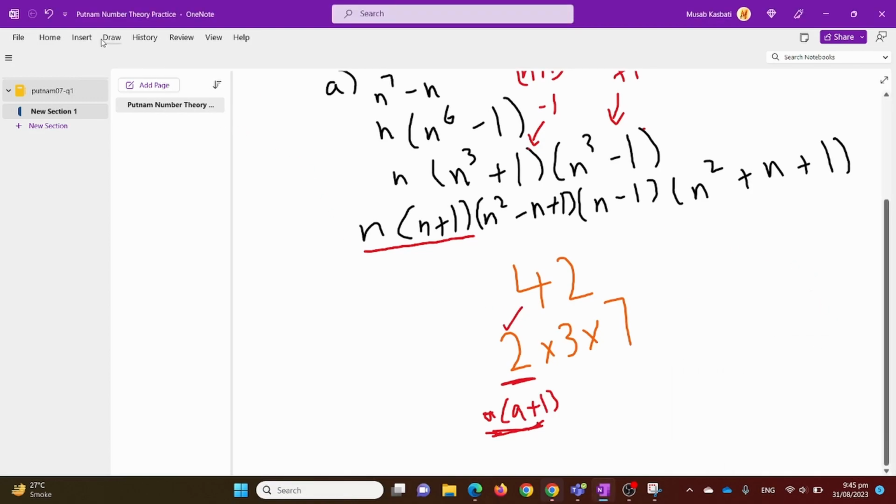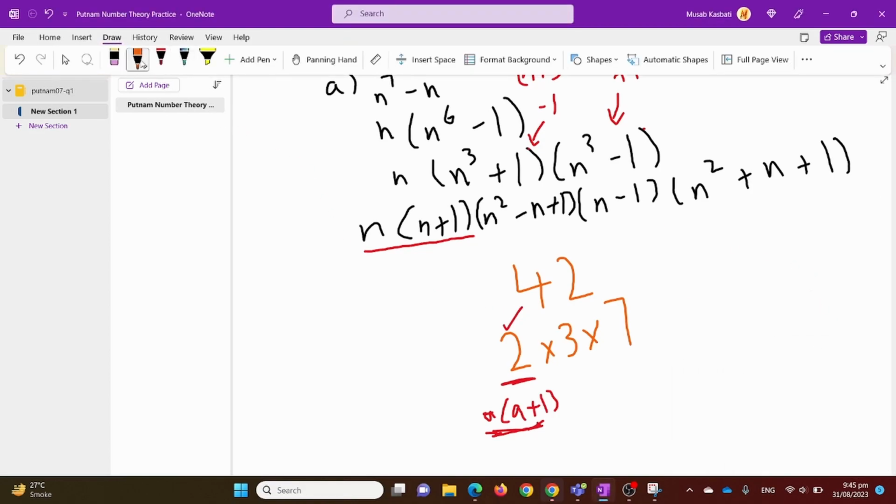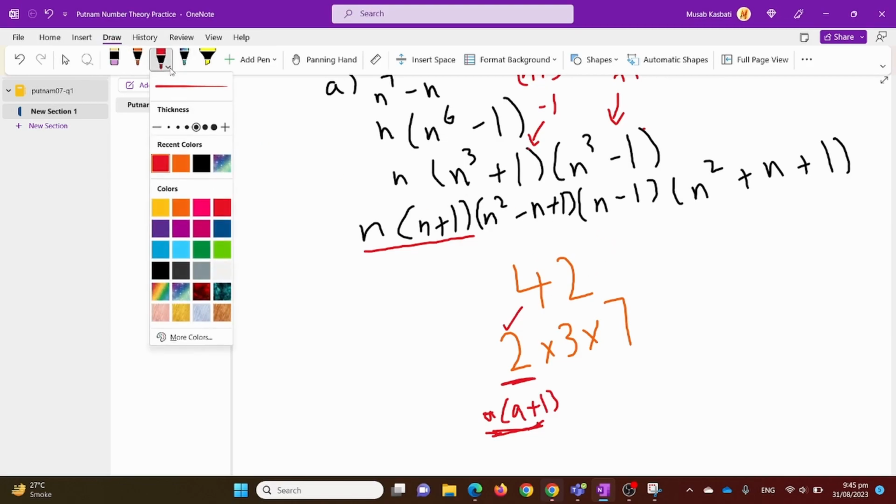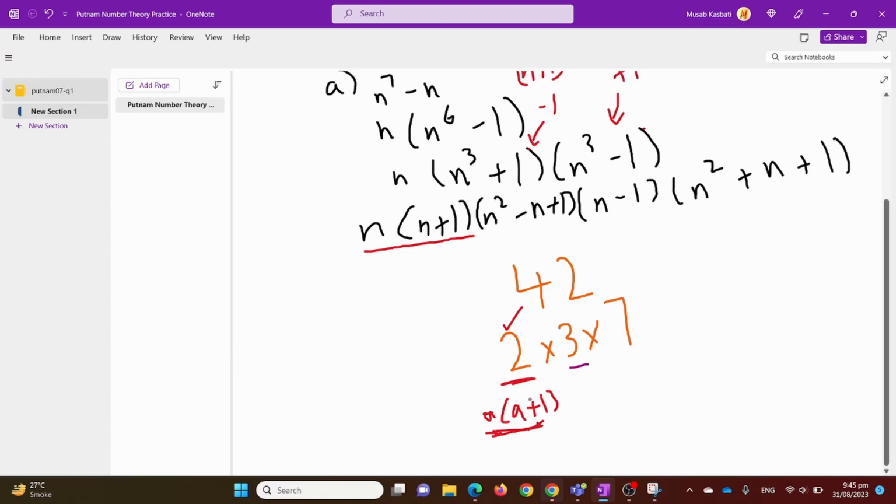Okay. So now let me try different numbers. Let's try 3. A similar trick can work: if I have 3 consecutive numbers, so a and a plus 1 and a plus 2, I again know that one of these has to be a multiple of 3. And this is something that you can confirm for yourself.